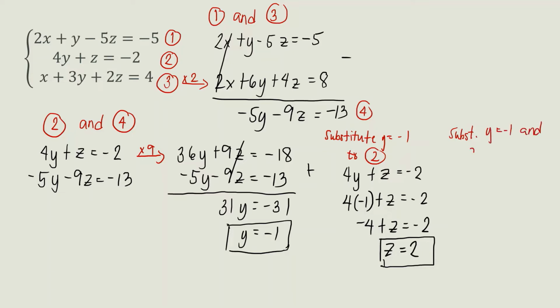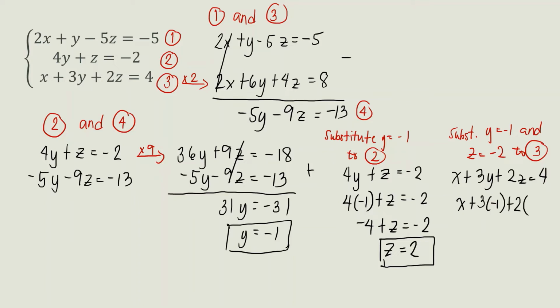You can also select equation 1 if you want to. So you will have x plus 3y plus 2z is equal to 4. Substitute the values that we already found. For y, it's negative 1, and for z, it's 2.